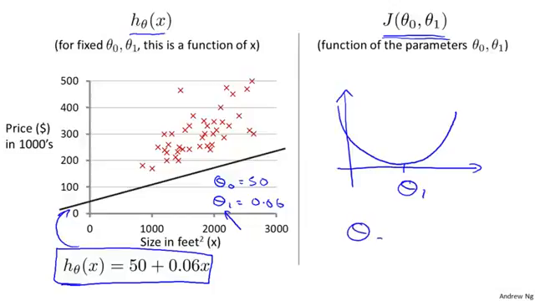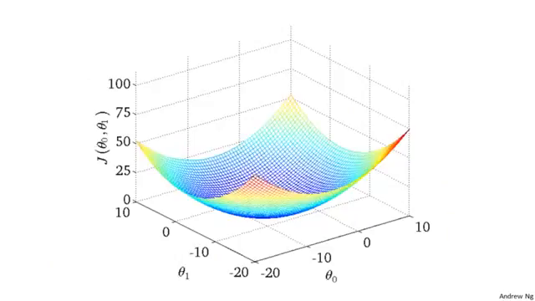But now we have two parameters, theta 0 and theta 1, and so the plot gets a little more complicated. When we had only one parameter, the plots we drew had this sort of bow-shaped function. Now, when we have two parameters, the cost function also has a similar sort of bow shape. Depending on your training set, you might get a cost function that looks something like this. So this is a 3D surface plot where the axes are labeled theta 0 and theta 1.